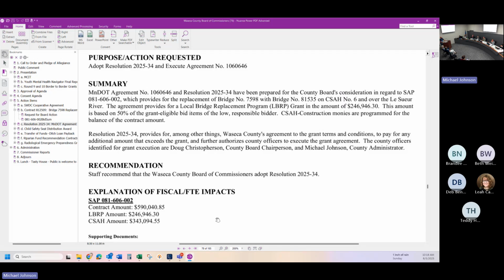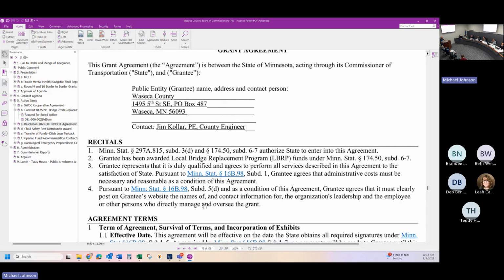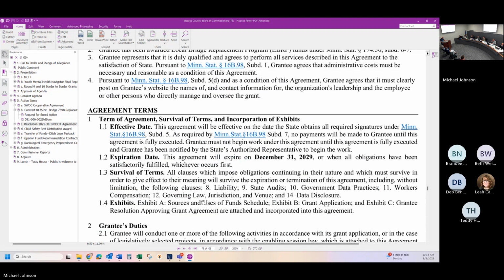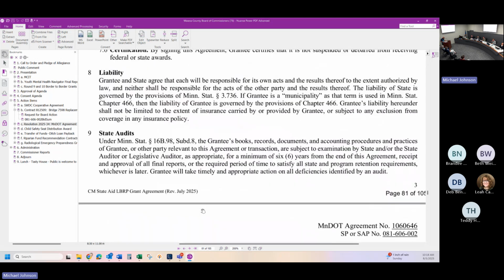The resolution would allow the board chair and the county administrator to execute the grant, and then the county pays for any expenses that go over, which is also very normal. I'd recommend approval of adoption of the resolution. I would look for a motion. Moved by Crozy. Second by Milbrat.